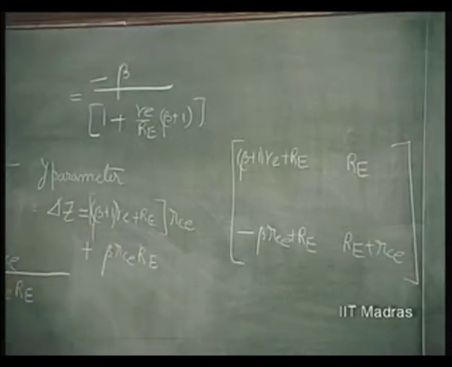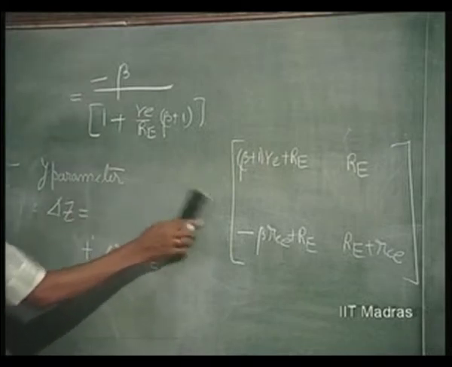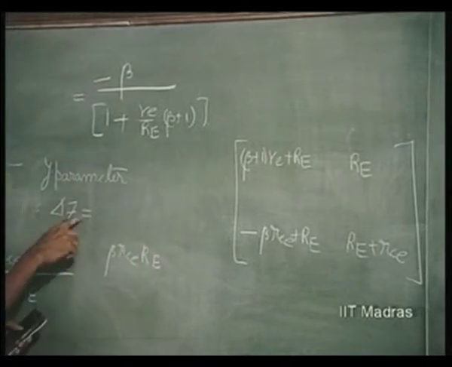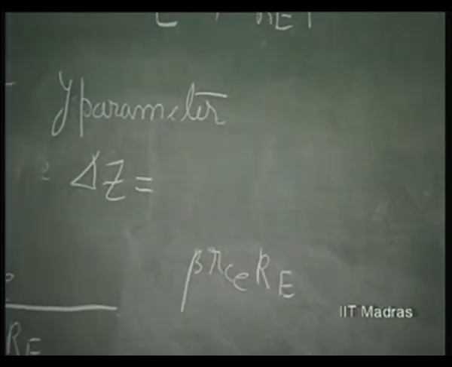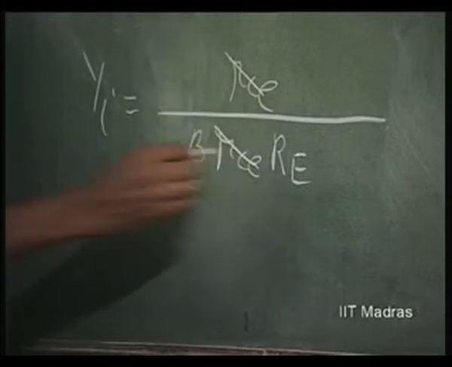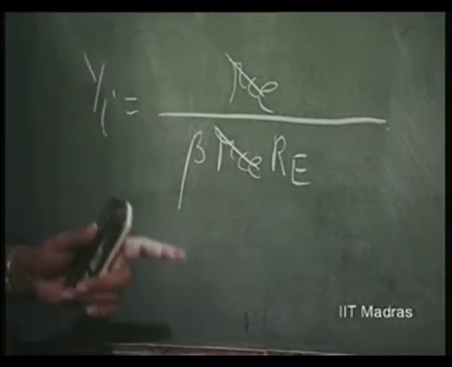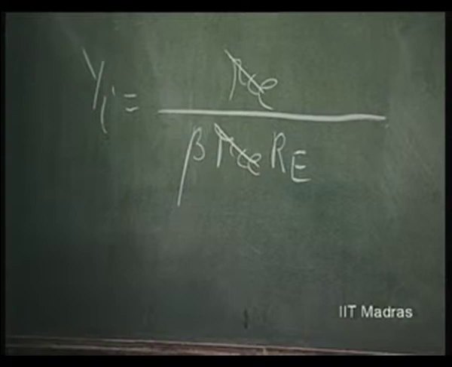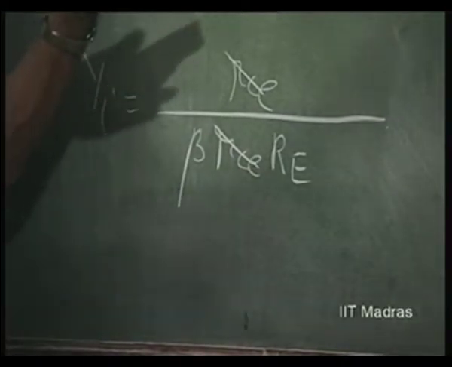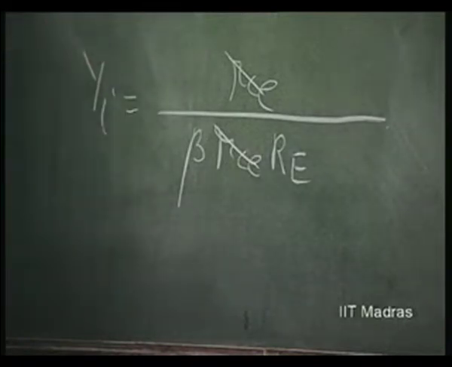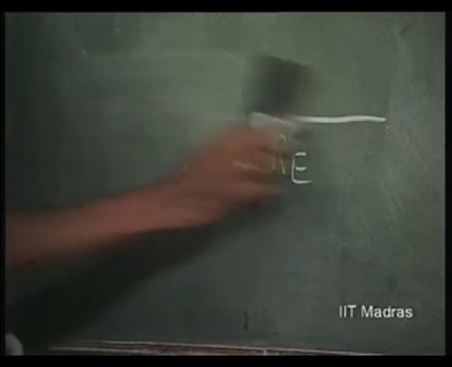This is the dominant factor. So, this can be really ignored. This is very nearly equal to delta Z is very nearly equal to beta RCE RE. So, you can see here yi is 1 over beta times RE, or Zi of this network is known to be beta times RE approximately. So, you can see that the input impedance is increased, output impedance also is increased.